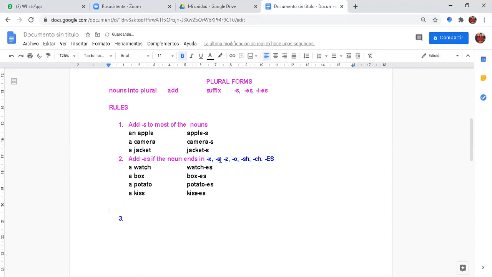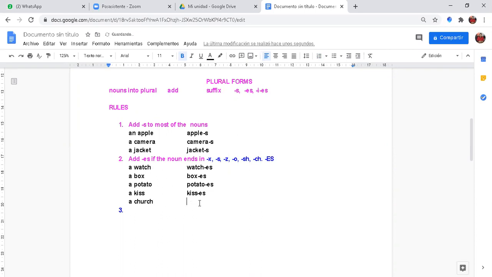Another, we have x, we have s, we have z. What about z? I don't remember at this moment. But what about this: a church. Okay, ch, similar to watch.